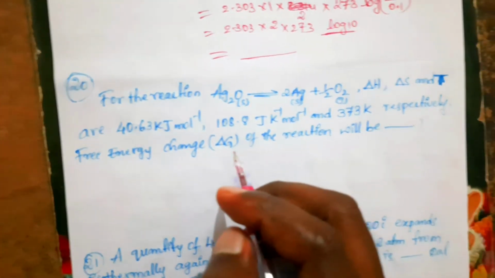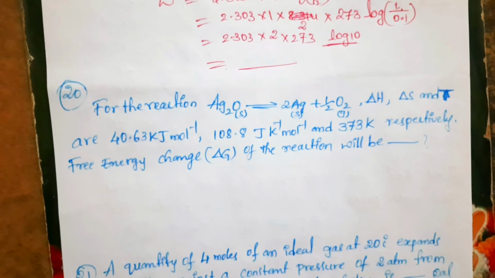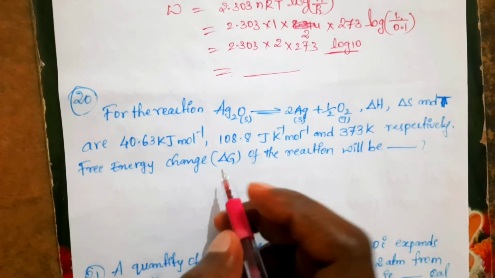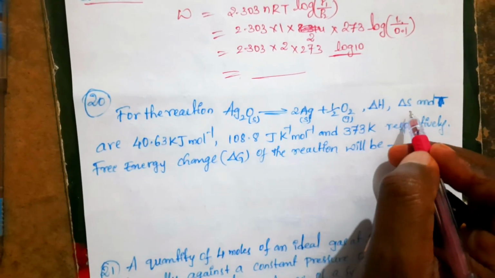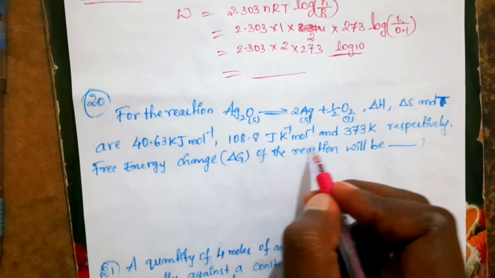Now next one, for the reaction Ag2O gives rise to 2Ag plus half O2, delta H, delta S and T are given.